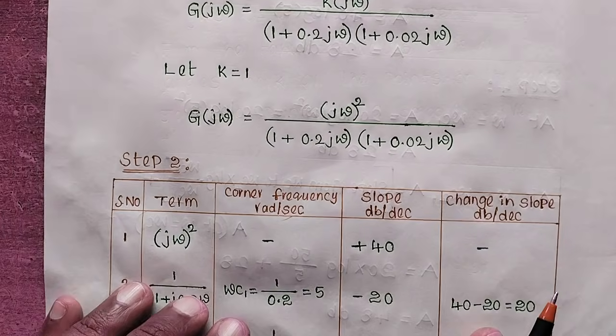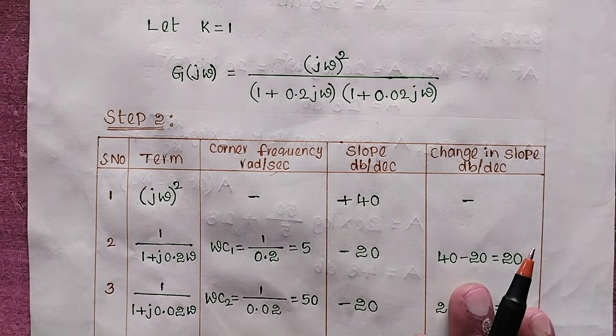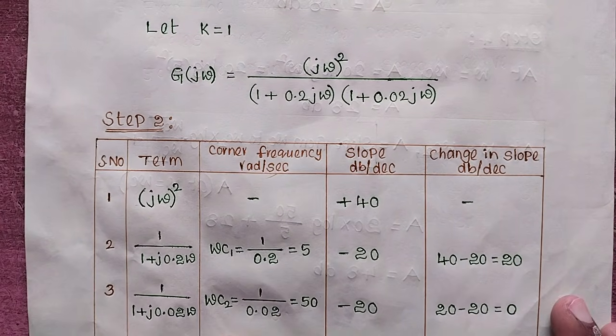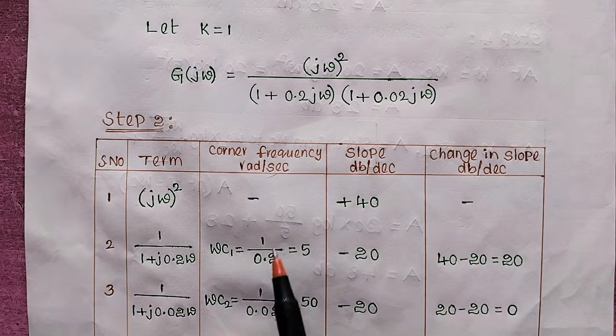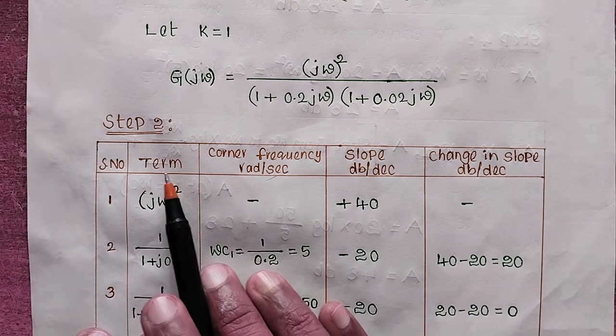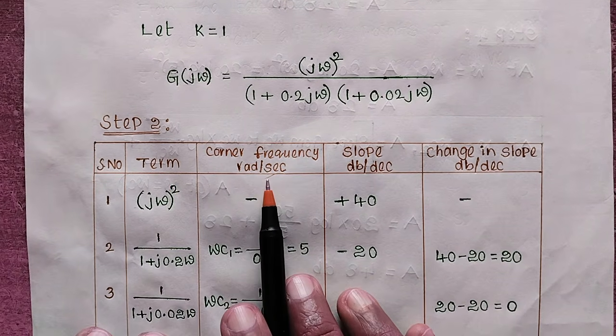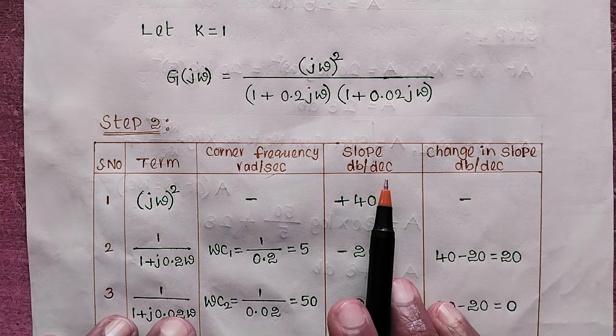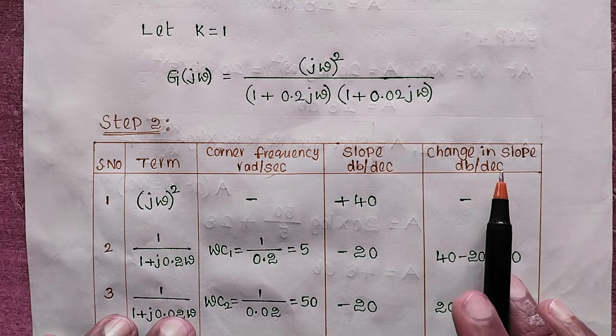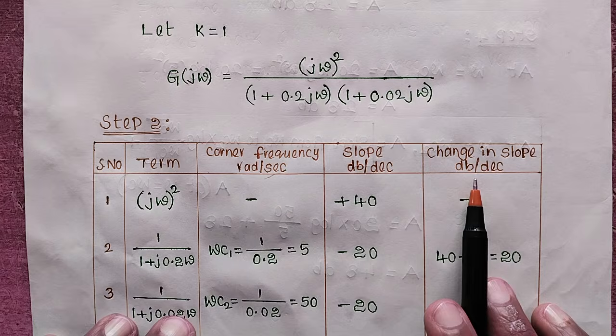Next, step 2. We have to formulate the tabular column. The first column is serial number, the second column is term, the third column is corner frequency in radians per second, and the fourth column is slope in dB per decade and change in slope in dB per decade.